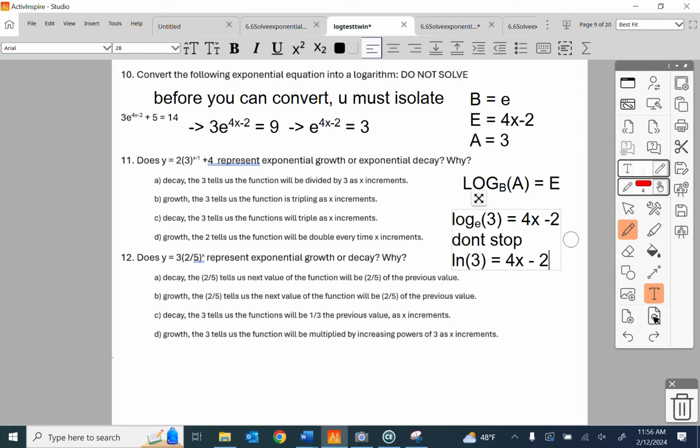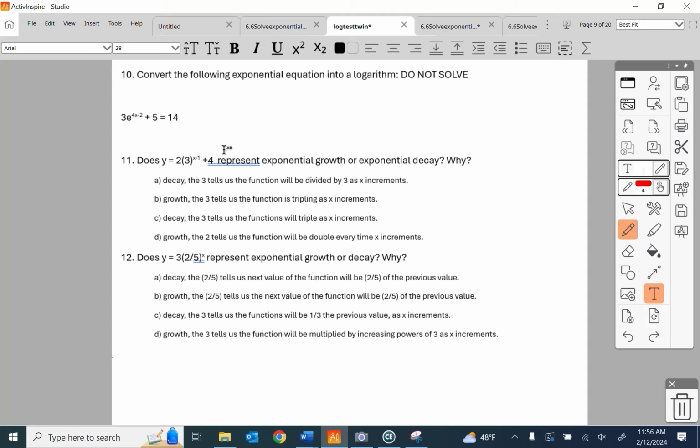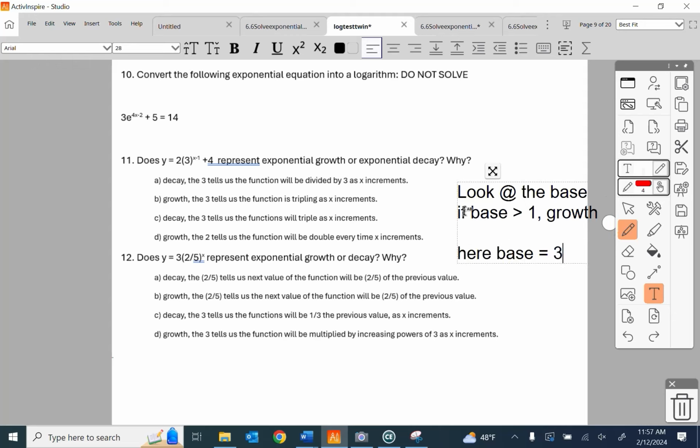And then we have the easy questions on this page. Does y equals 2 times 3 to the x minus 1 plus 4 represent growth or decay? What you have to do is look at the base. If the base is greater than 1, it is growth. And here, the base is 3.